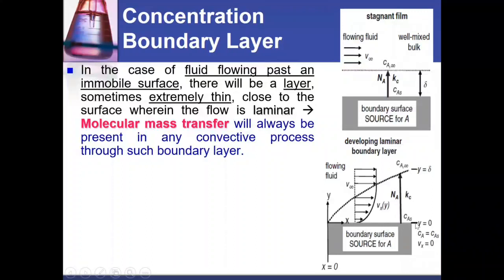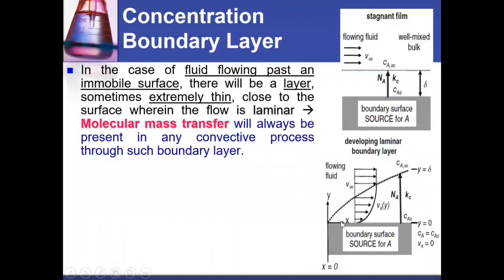At y equals 0, at the interface or the solid surface, the velocity will be 0 using the no-slip condition. Whenever y is 0, you are on the surface and there will be no velocity regardless of the value of x, based on the fluid mechanics concepts you studied in CHE204.